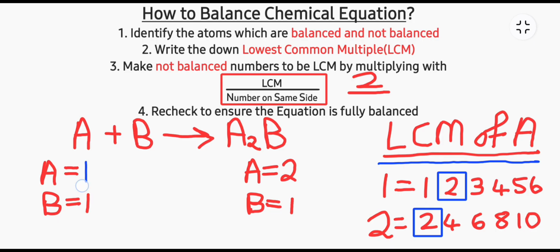Now how can I make this one to be the LCM? I'll multiply with LCM over number on the same side. So we multiply by 2 over the number on the same side, which is A, so 2 over 1, which is equal to 2.